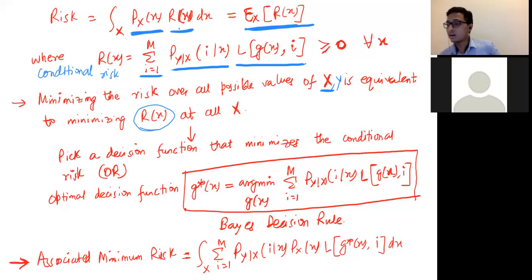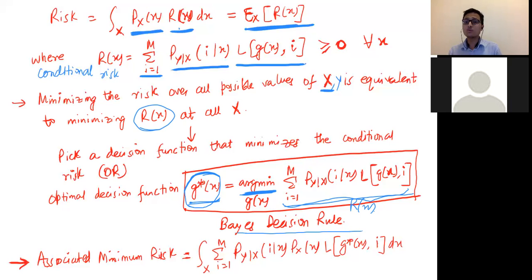That means in order to minimize the risk value, we find a decision function, which we are denoting here as g star of x, which is the argmin of this conditional risk expression. So this expression here is your conditional risk R of x, and this is your Bayes decision rule.